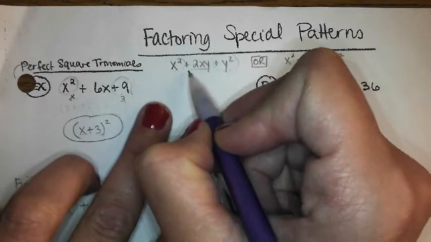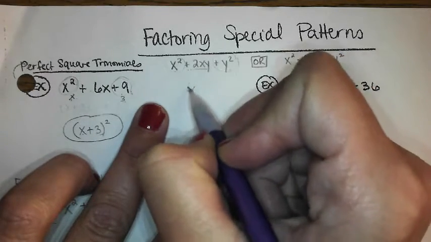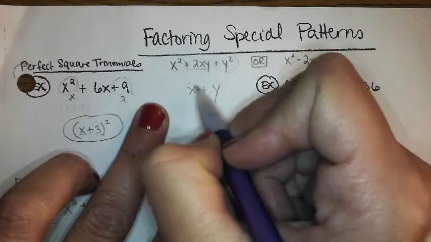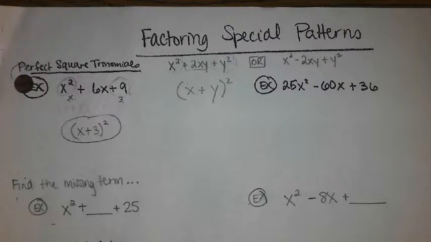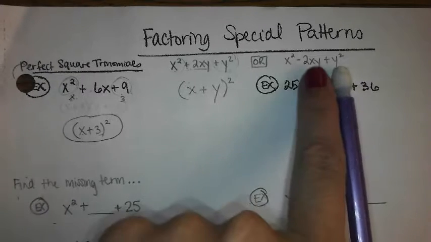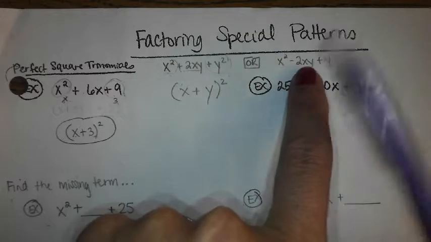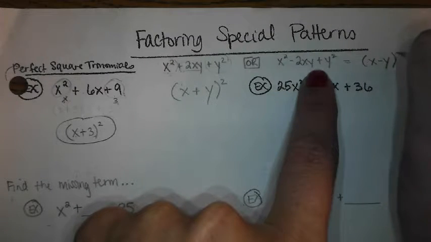And when that's the case, and this is a plus 2xy, the square root of that was x. The square root of that was y. The middle sign is a plus, and so that is going to factor into x plus y squared. Does that make sense? This one is exactly the same, just with a minus sign. So this one is going to factor into x minus y squared.